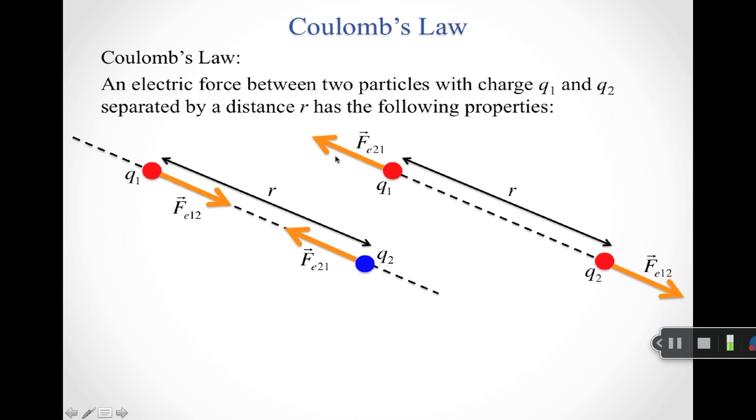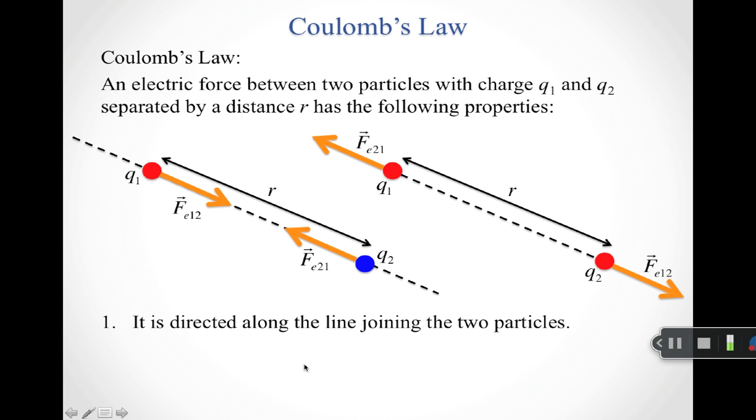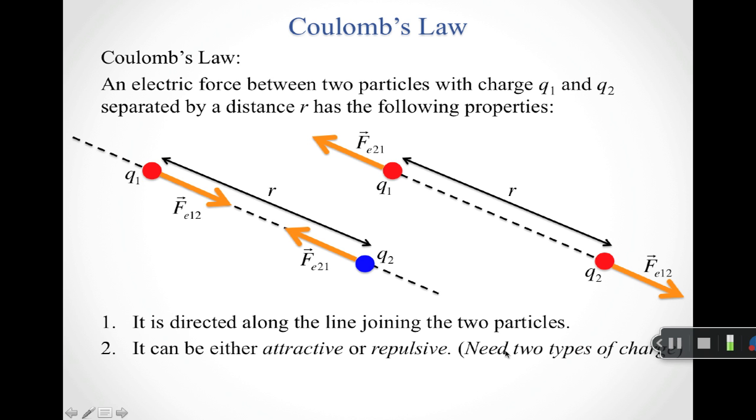Each of these is its own free body diagram for the electric force on each of these 4 charges. Coulomb's law says that this electric force has the following properties. The first one is it's directed along the line joining the 2 particles. In the attractive case, those 2 forces point along the line connecting our two charges. In the repulsive case, those forces still lie along that line, they just point away rather than towards.